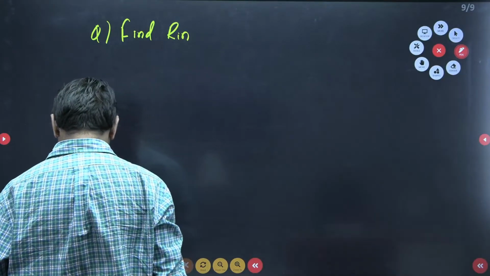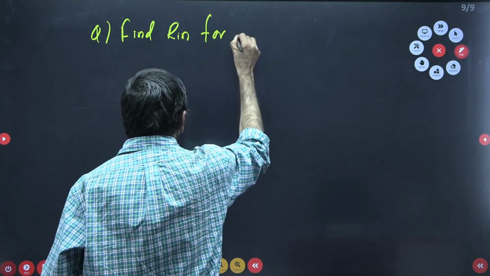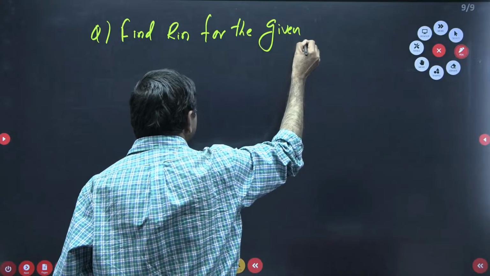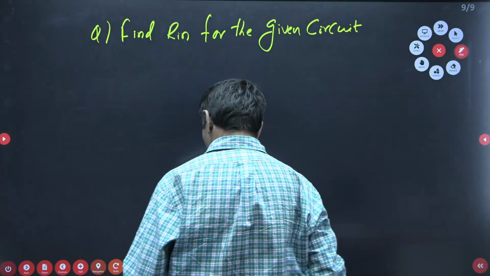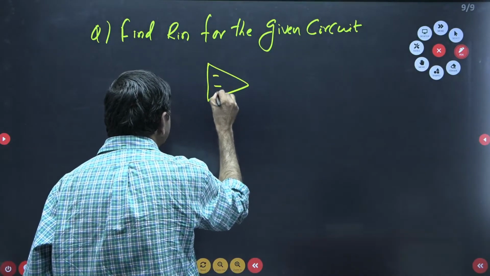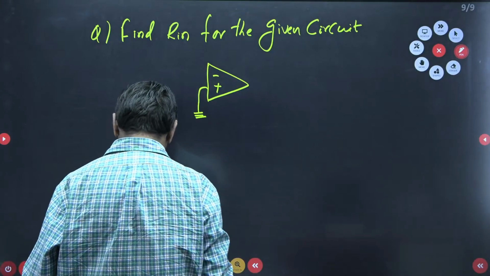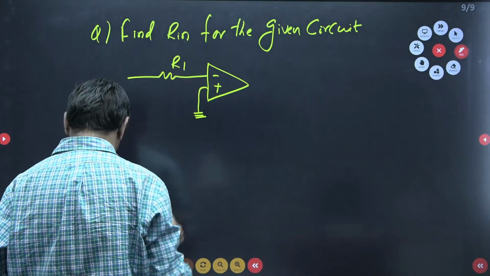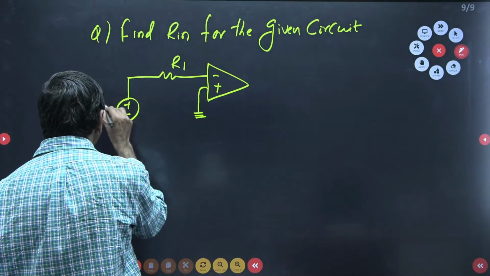For the given circuit, there is one operational amplifier with minus and plus terminals. The positive terminal is connected to the ground, the negative terminal is connected with R1, and also with a source V in, or Vi.